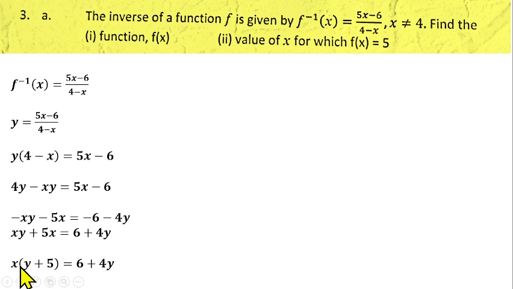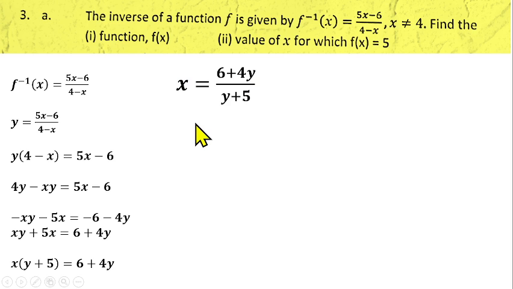Our aim is to find x. You can divide both sides by y plus 5 now. So you'll have x equals 6 plus 4y over y plus 5. Then from there now, what do you do? You swap the variable. So this one becomes y, then wherever you see y here, that will become x.